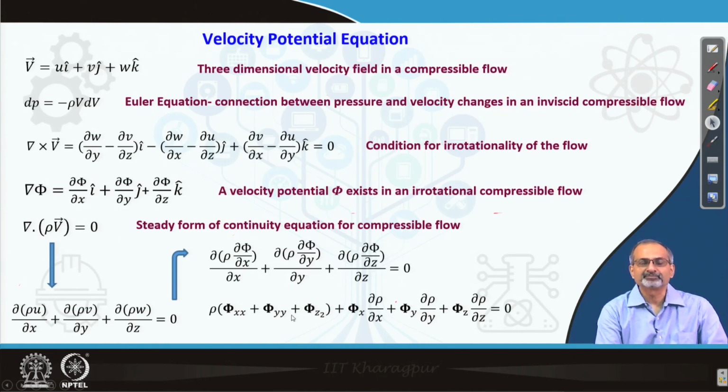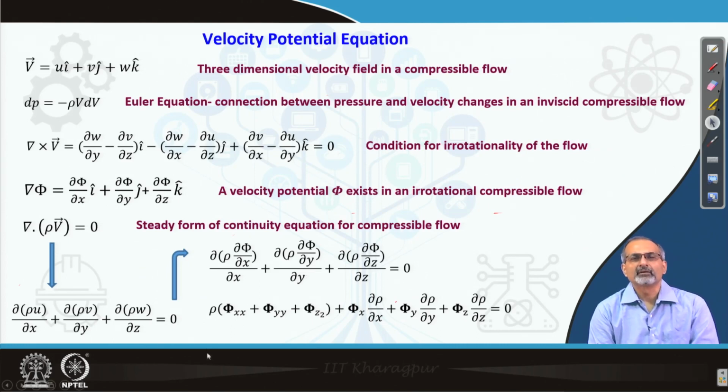The velocity potential equation is one of the most fundamental equations in this domain, and it all starts by looking at a three-dimensional velocity field in a compressible flow, where the vector V can be split into three Cartesian components, small u, small v and small w, written in a vectorial form.